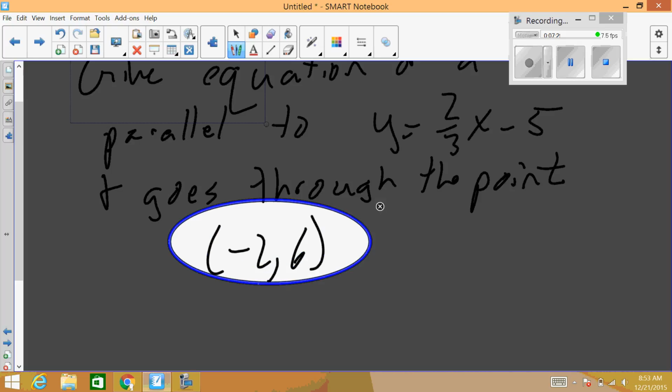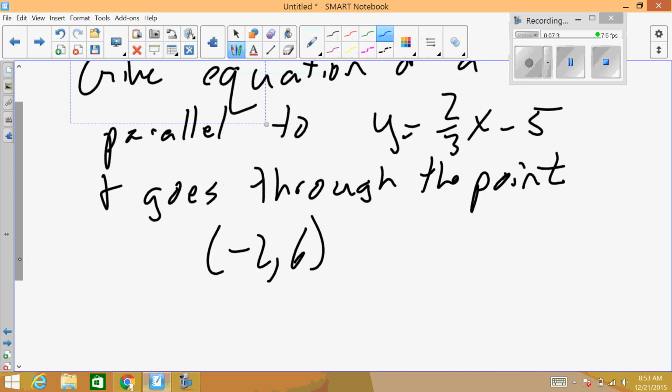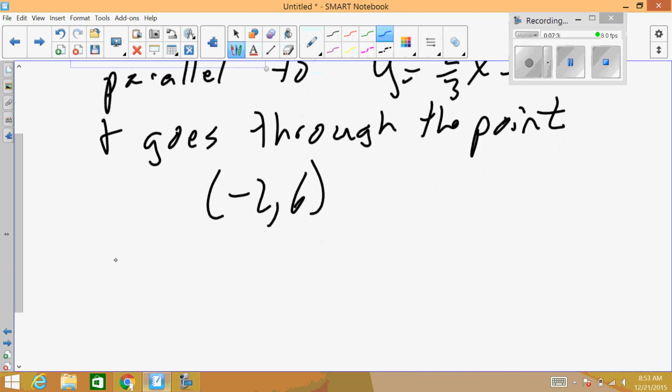Well, I think back to my forms of equations, and I remember the one that was called point slope. Point slope was y equals m times x minus x1 plus y1. Oh, m is still slope.